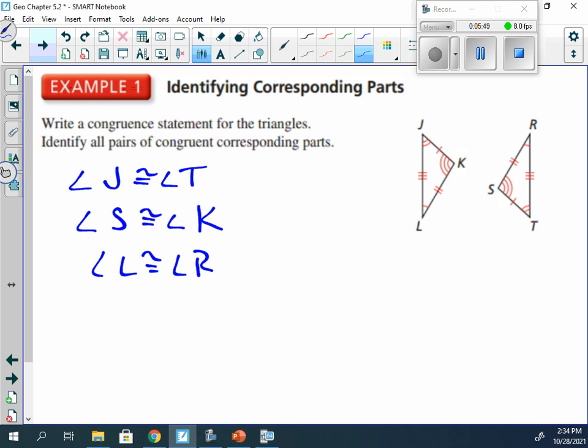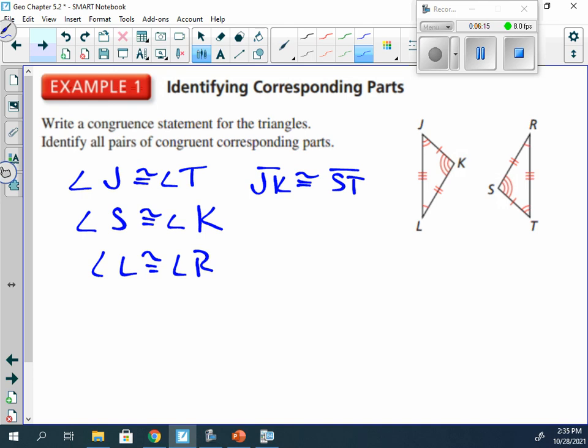Now we need the sides. So JK has how many marks? 1, yes? So which one has 1 in the other figure? So we're looking at the segments themselves. Now we're looking at the line segments.